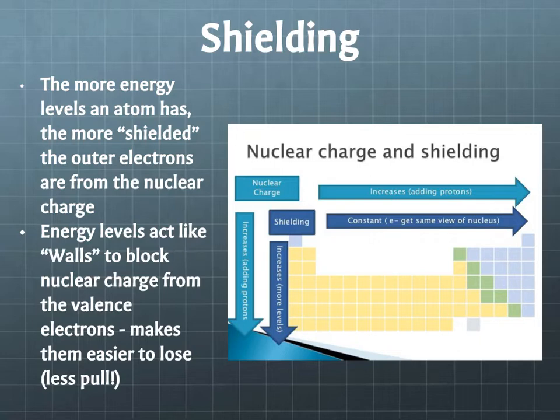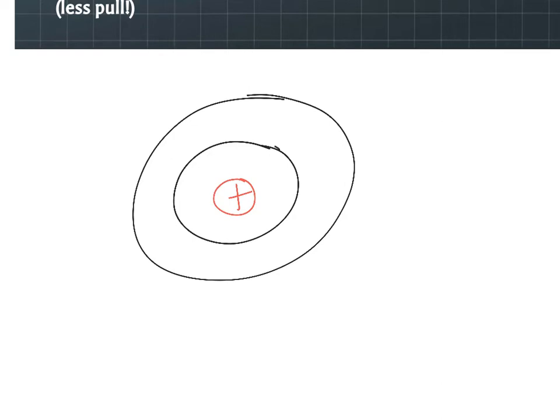What happens here is we have energy levels, and inside these energy levels we have electrons. I'm going to draw a little picture here before you do some writing. Let's do lithium. Lithium has a positive nucleus, and it has 2 energy levels with 2 electrons in energy level number 1, 1 electron in energy level number 2.